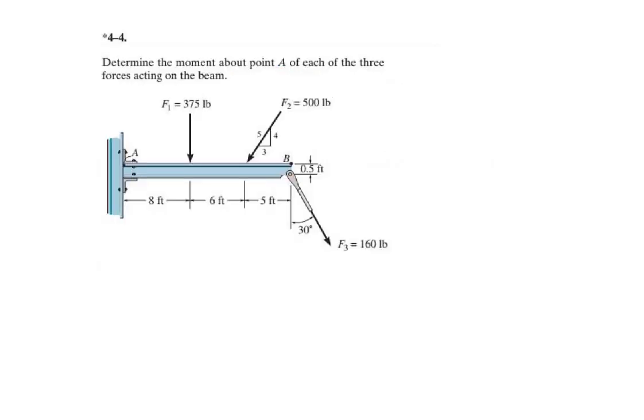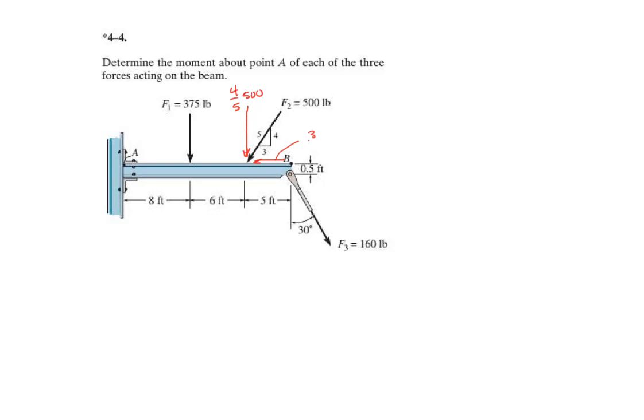Well, let's take a simple example here and find out the magnitude of the moment about point A of these three forces. First of all, let's use Varignon and break up the forces at the angles and come up with their components. There's going to be a component going in this direction and a component in this direction from that force, and that will be the 4/5 component of 500.